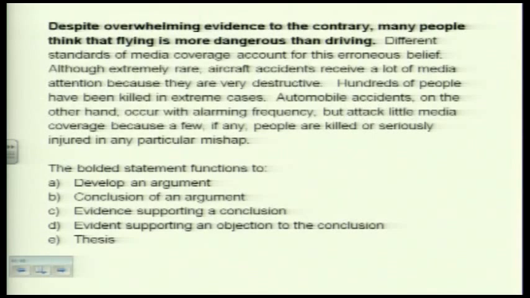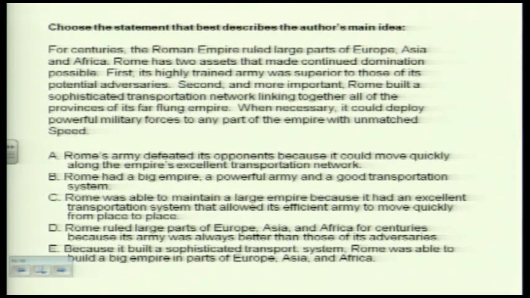So let's practice questions. I have just 2 passages here, okay? This is the first passage. I asked you to circle the best choice that gives you the main idea of this passage. Which of these choices best represents the main idea of the passage here? You have that on your handout as well, okay? Just one. From A to E, this is choosing the best answer from the 5 answer choices given.